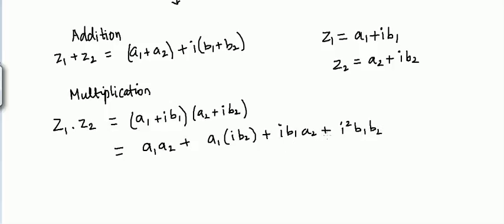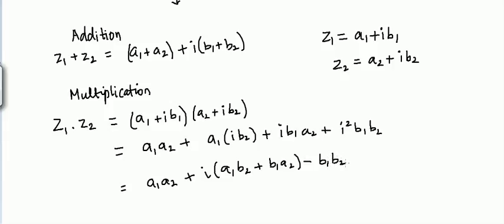Yeah, but i squared is equal to minus 1. So this is nothing but A1A2 plus i times, now I take A1B2 and B1A2 inside this bracket because they are both multiplied by i. Okay, so this is i times (A1B2 plus B1A2) minus B1B2.